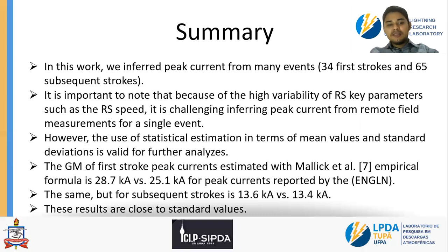These results are close to standard values. And the main purpose of this work is to show that this methodology can be applied in regions in which we don't have lightning location data, or we don't have lightning location data with reported peak current.